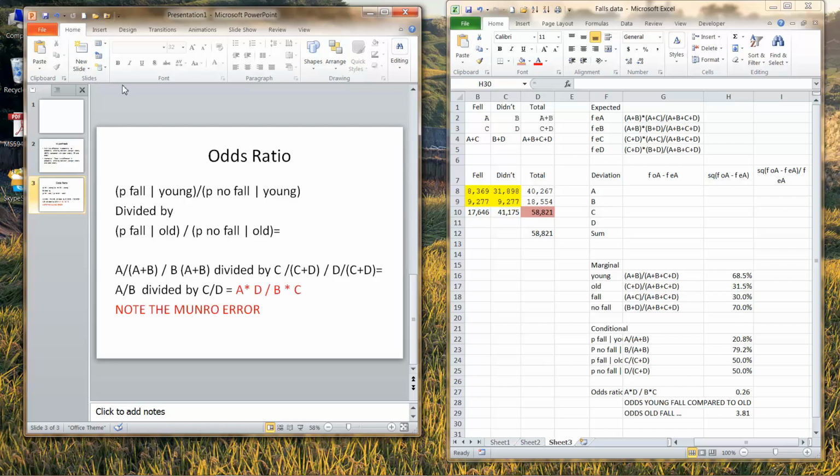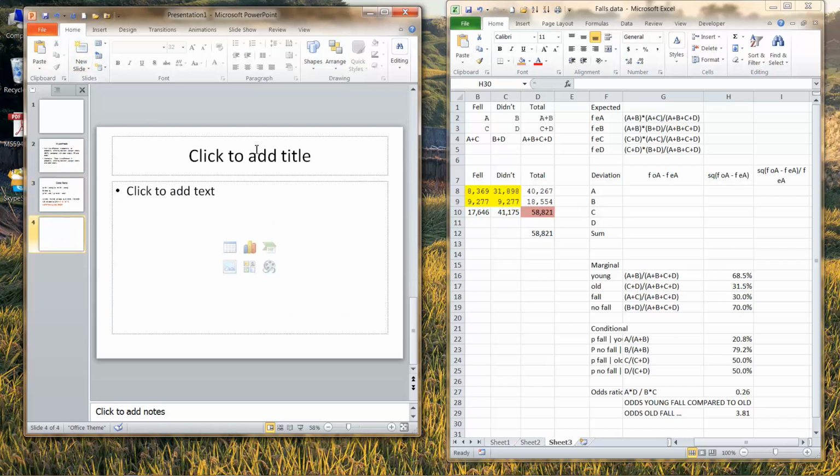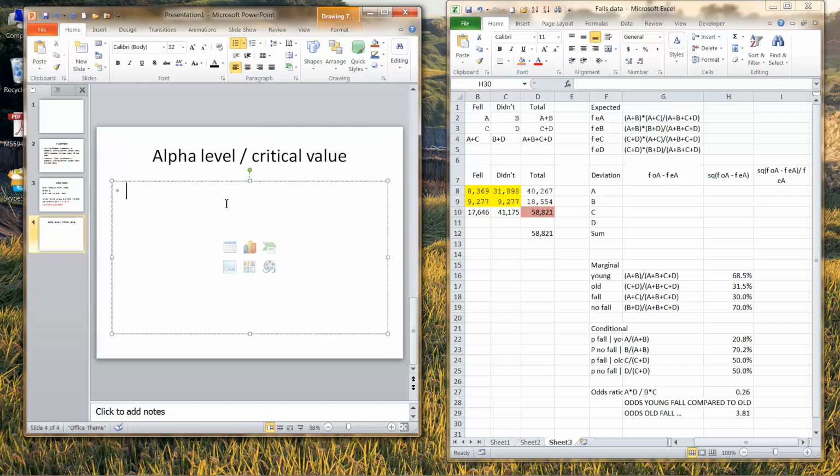Step 2 is alpha level, critical value, and here let's let alpha equal 0.05, and we want to look at the chi-square table.